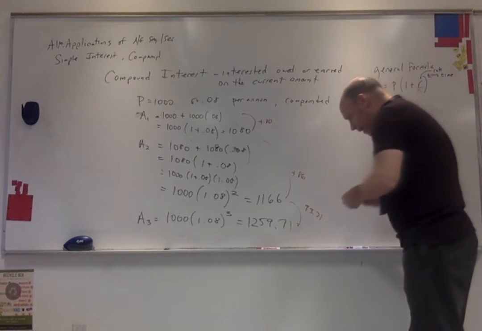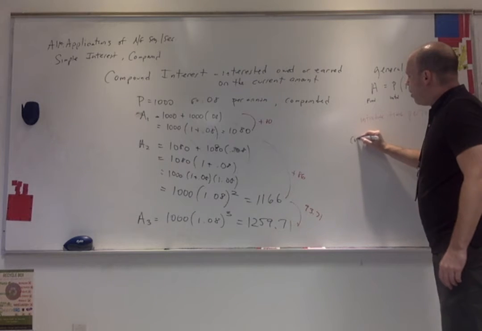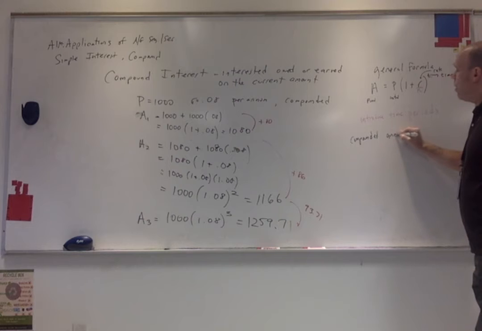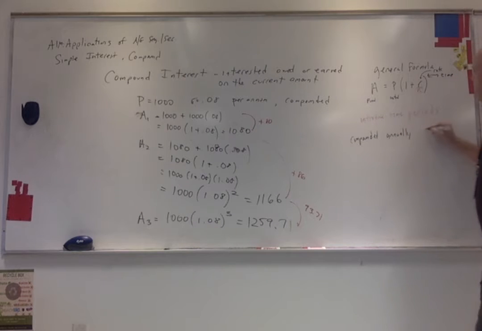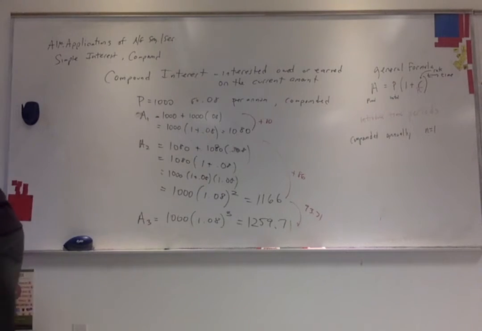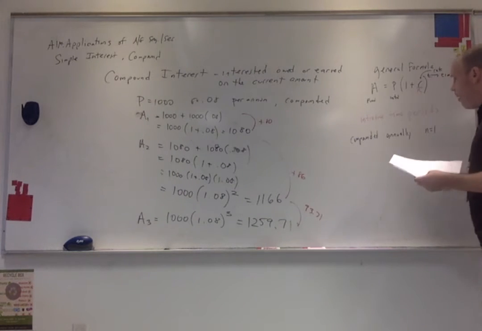Sometimes your money is compounded annually. So that's n equals 1, or 1 time per year, but we can also do other types of compounding. Other types of compounding that you need to know about are quarterly and monthly.